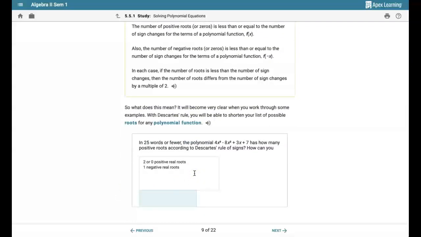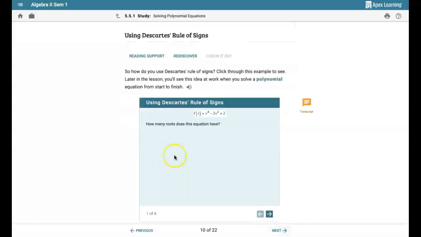All right. If we have another example where we come up with 3 positive real roots, that means it can either have 3 or 1. Because if it doesn't have 3, then those other 2 have to come from one of our more complicated numbers, right? So we'll get to more examples with that.